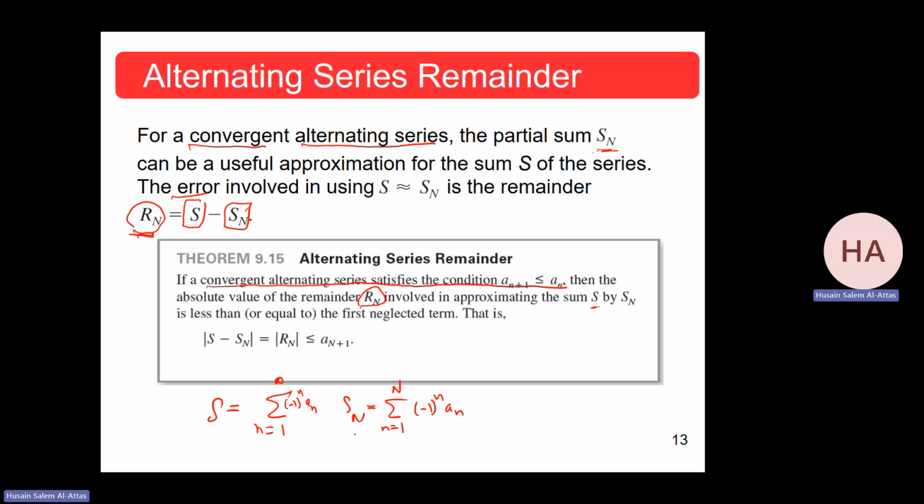The difference. This one I can calculate. That one, up to infinity, I cannot do. But they said what? The difference between these two, which we call the remainder or the error, will be less than the next one, an plus 1. The next step, capital N plus 1.